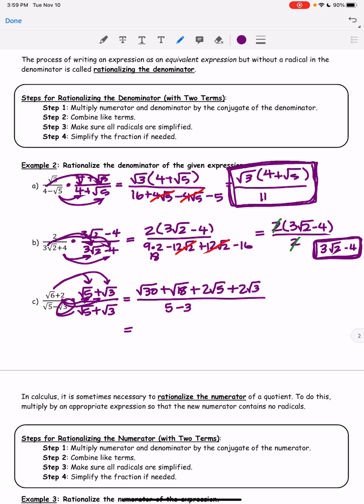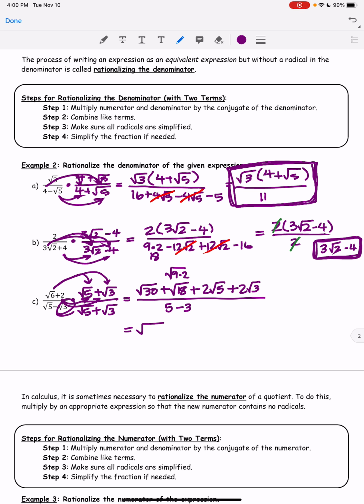Square root 30 does not have a perfect square that goes into it, right? If you break that down, that's 3 times 10. And then 2 times 5. So you don't have a pair of anything that comes out. But square root 18 does. That's 9 times 2.